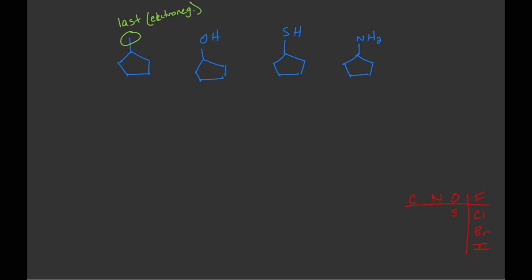And then next up we have nitrogen, which is going to be in the middle. And then our oxygen and our sulfur are in the same group. So although up and down the group they do change, our relative electronegativities here are fairly close.